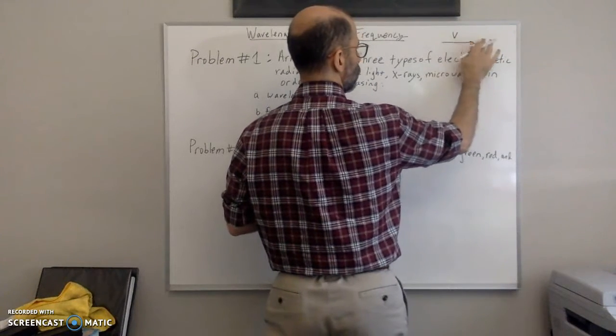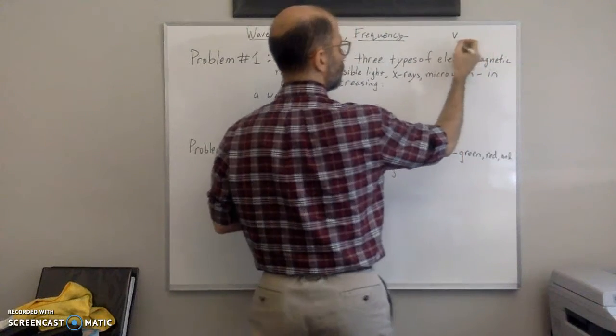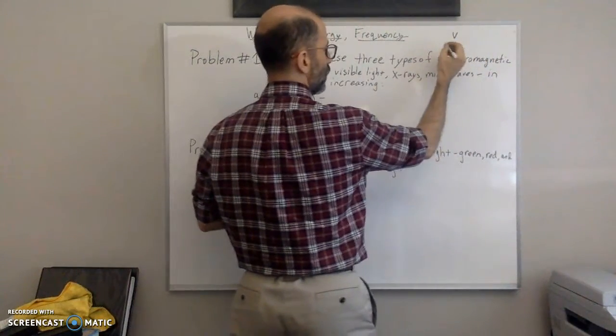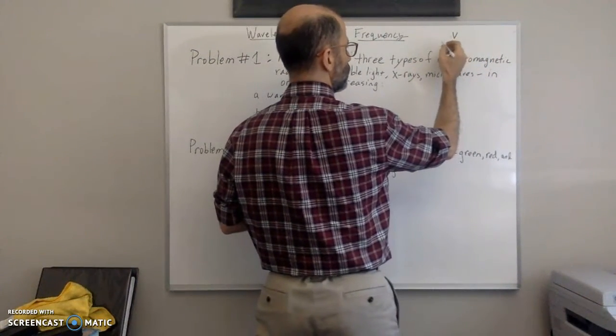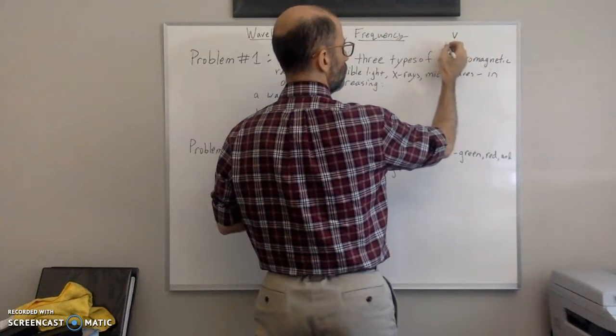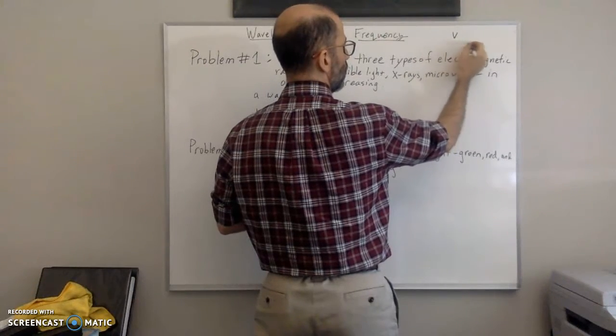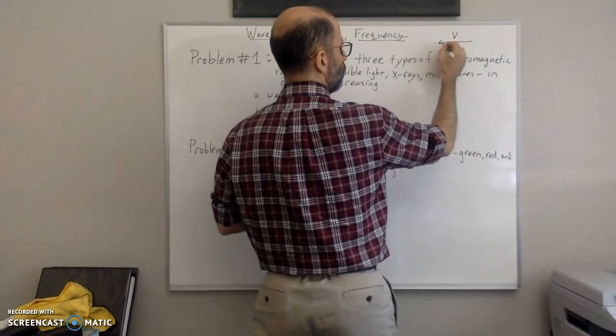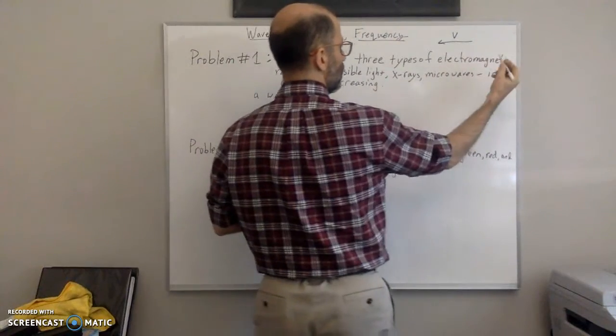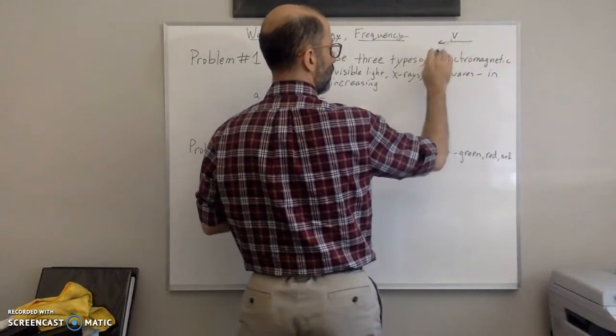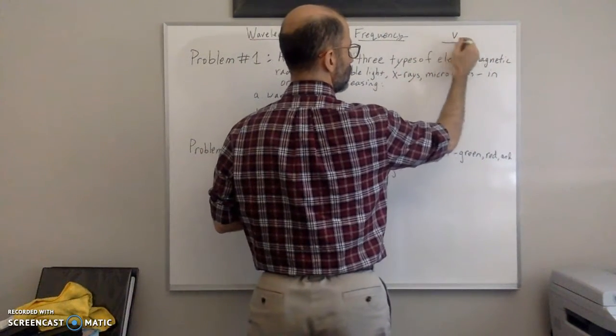Well, actually, let's go the other way, and there's a reason why I'm going to change this, just so it's easier. This way is going to be increasing wavelength, and this way is going to be decreasing wavelength.